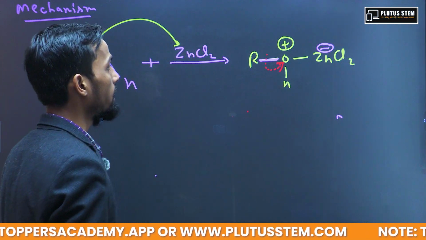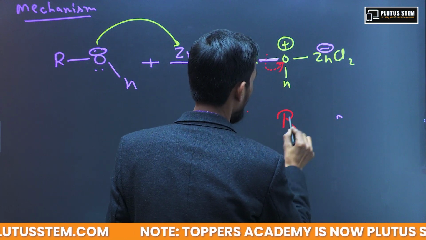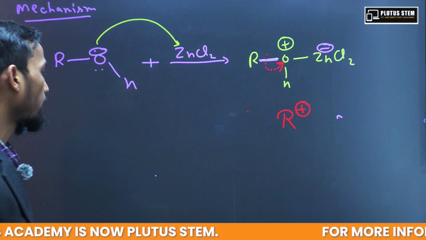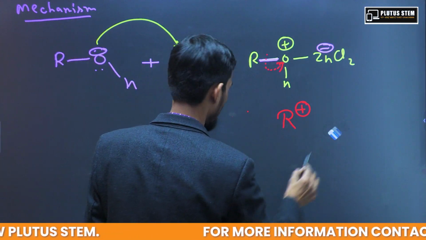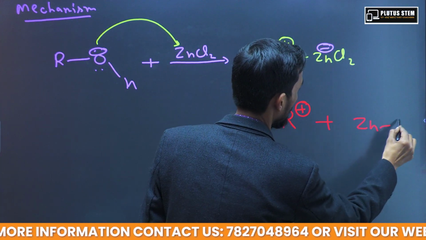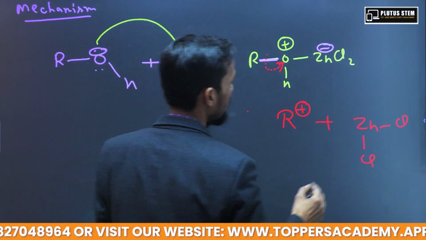To gain stability, it will become like this: we are going to get R positive plus ZnCl2.